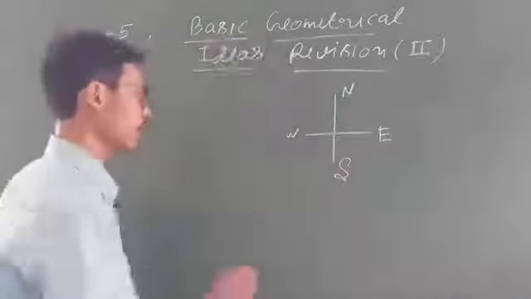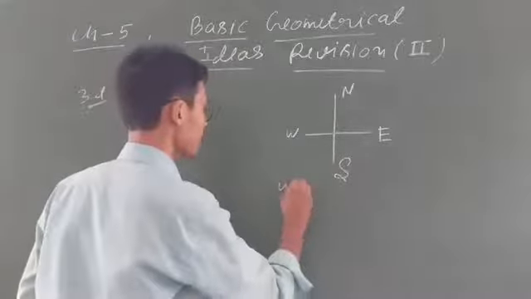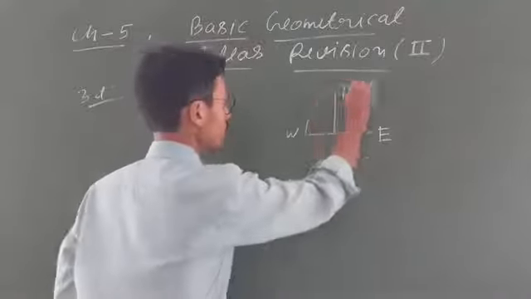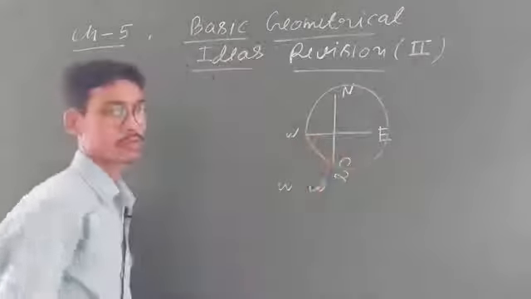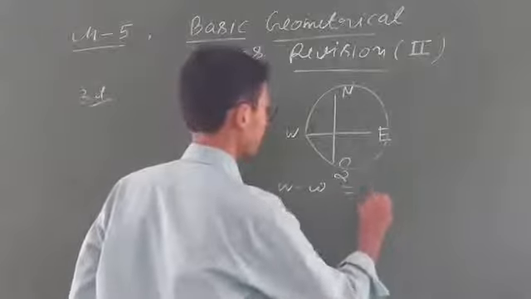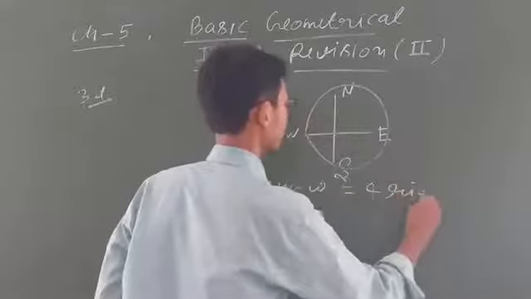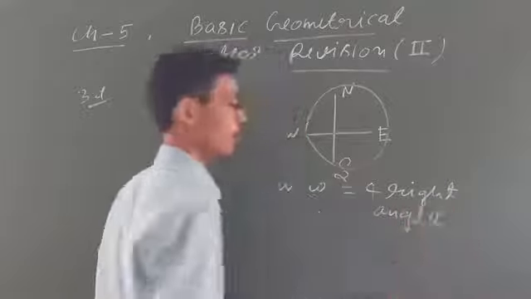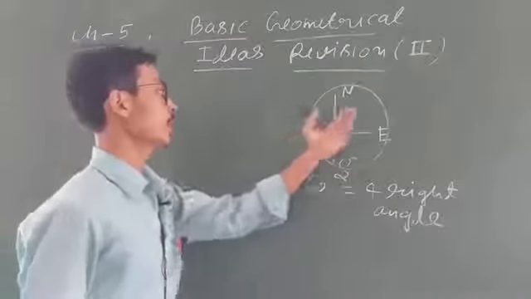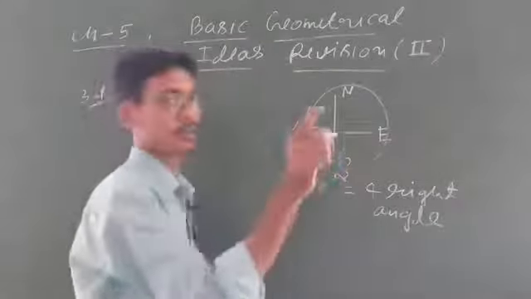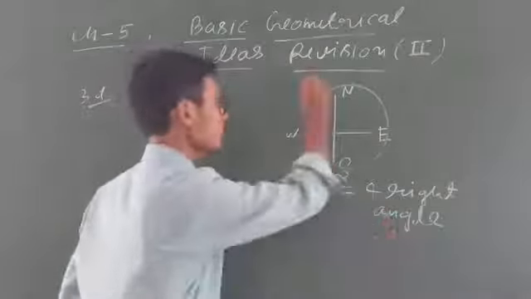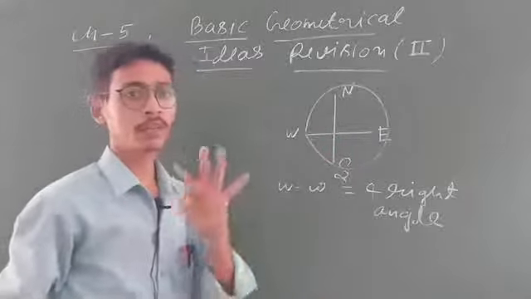So if we have to go, say, west to west, west is there, so when you go west to west, students, you will cover one full revolution. That means how many right angles? 4 right angles. Why 4 right angles? Because west to north is 90 degrees, north to east 90, all are 90 degrees. So west to west, you will cover four 90 degrees.